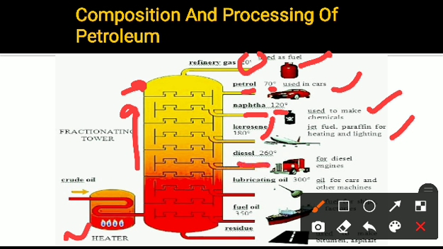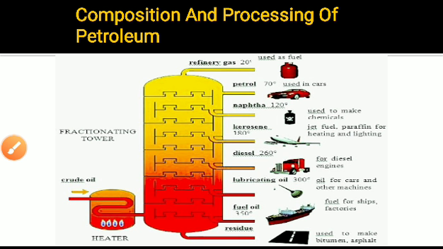This diesel is used for diesel engines. Next, the lubricating oil is removed at 300 degrees Celsius. This lubricating oil is used as oil for cars and other machines. Next, there is fuel oil.